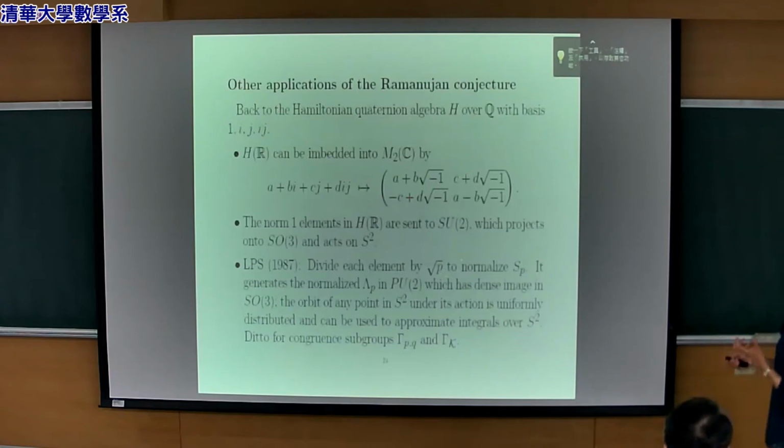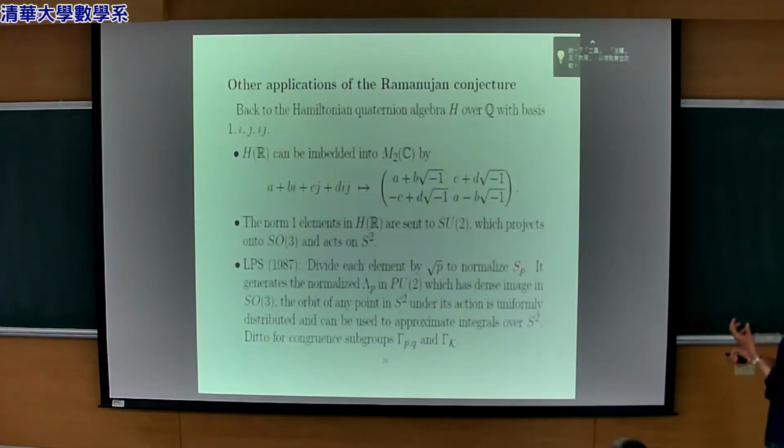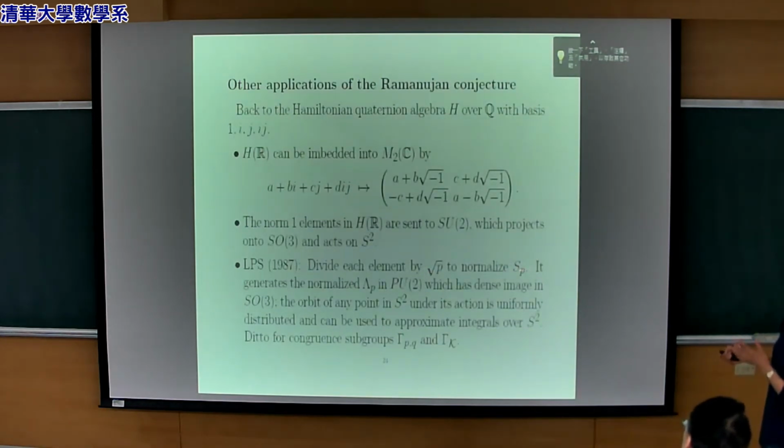We remember that we have this set SP, which was used to build this group lambda P, which represents the vertices of the tree. Those points have integral coordinates, so you can view them as real points. Because we mod out by the center, I can normalize by dividing all the coordinates by the square root of P, so that I end up with elements which have norm 1.